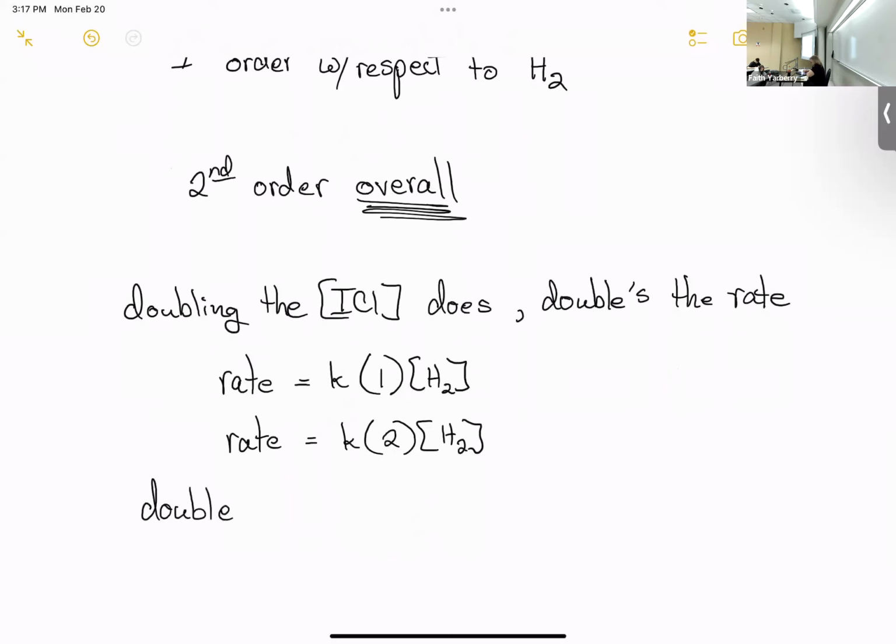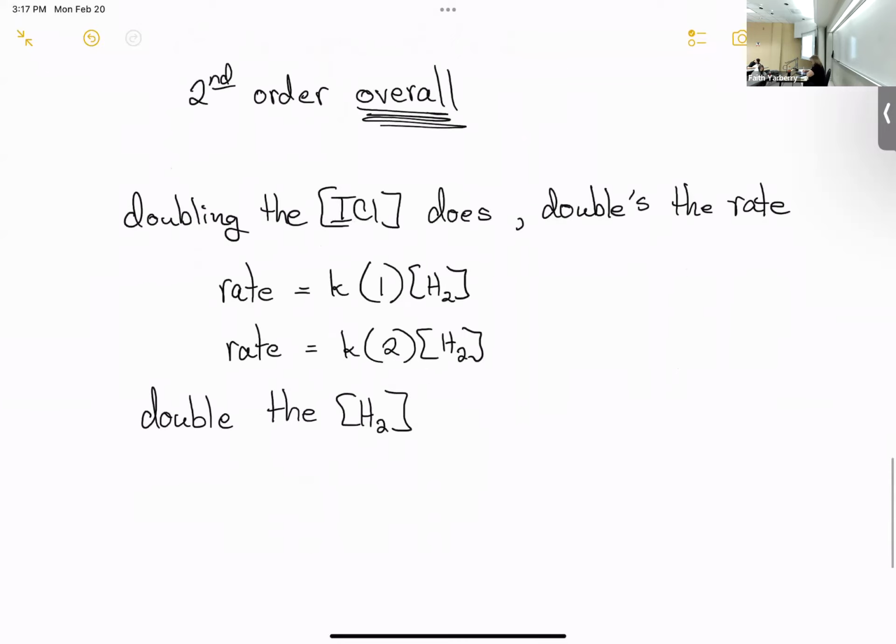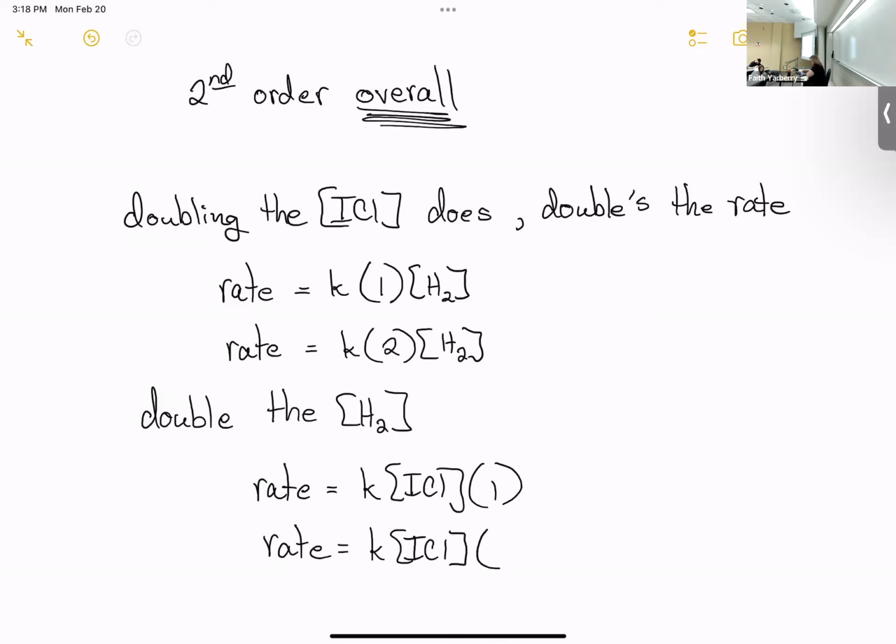If we double the H2, again, you have your rate is equal to K times your ICL times 1, and rate is equal to K times your ICL times 2.